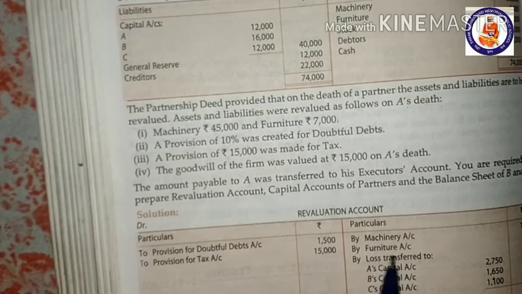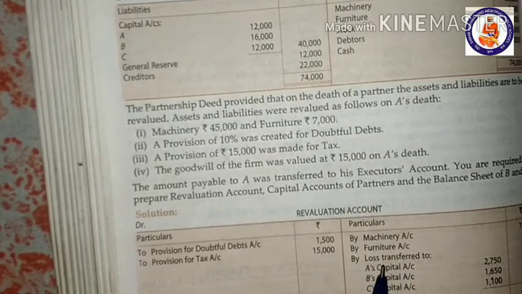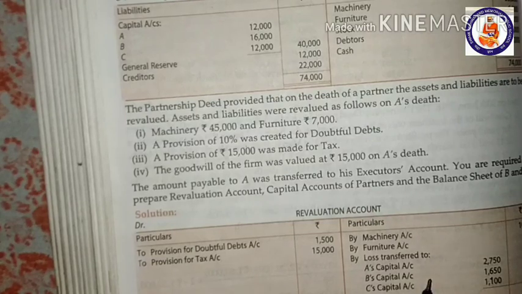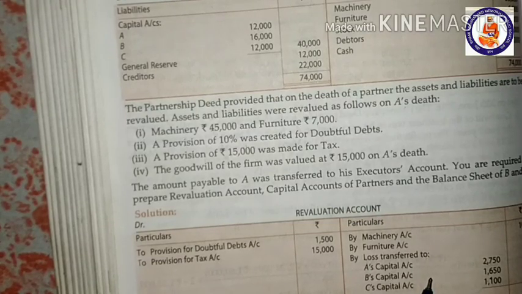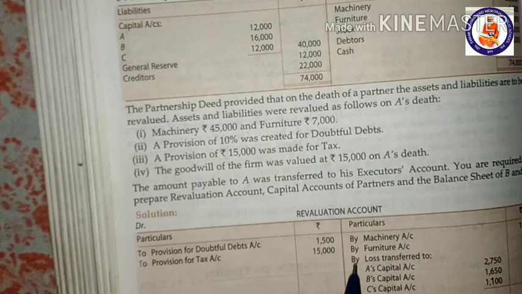So the net loss is 5,500, which will be shared among partners A, B, C in their old profit sharing ratio of 5:3:2. So 2,750 comes to A's account, 5/10, 3/10 will come to B's account, and 2/10 to C's capital account. Okay, so this is the revaluation account.